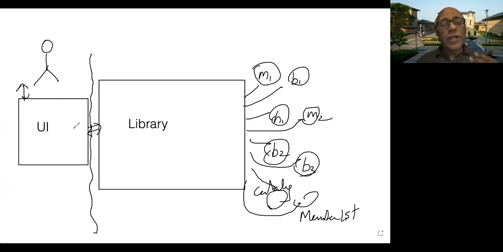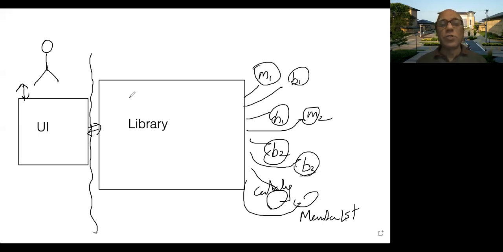So if you look at all these operations, the operations are going to the library. Anything that you want to do, it goes to the library. The user interface is not supposed to touch any of these objects directly, right?